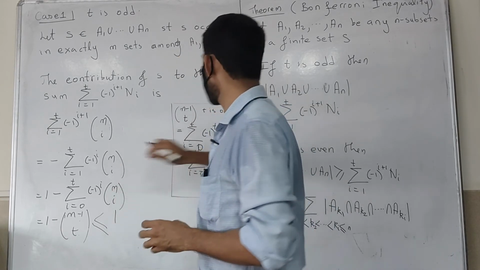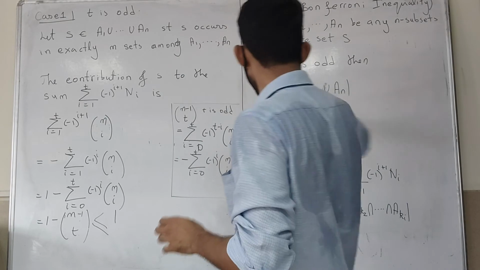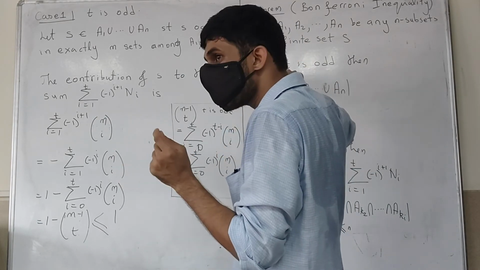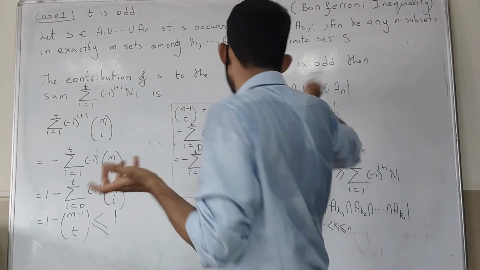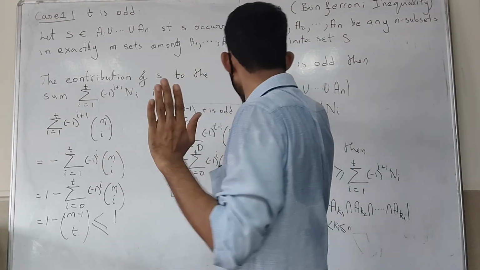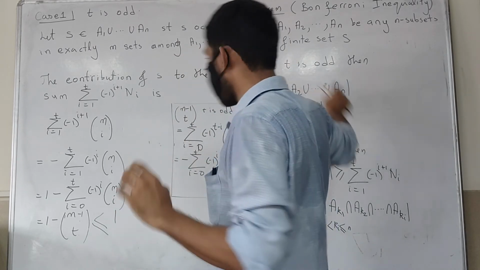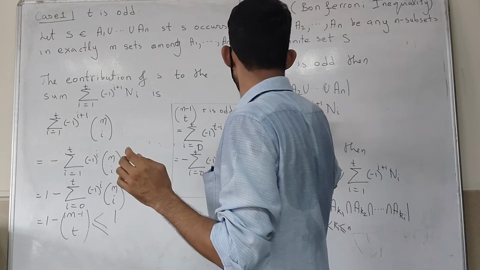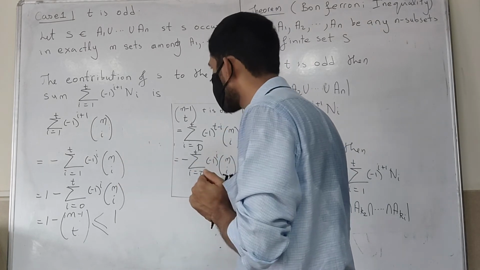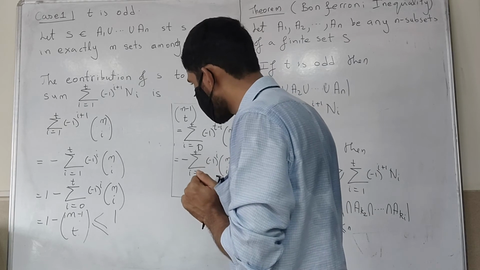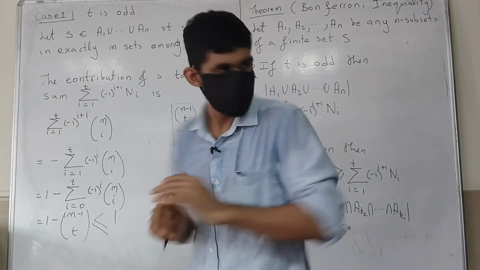The total sum of this is the cardinality of this, but the contribution of every element to the right hand side is less than 1, which means that the number of elements here should be, I am making a mistake, right.